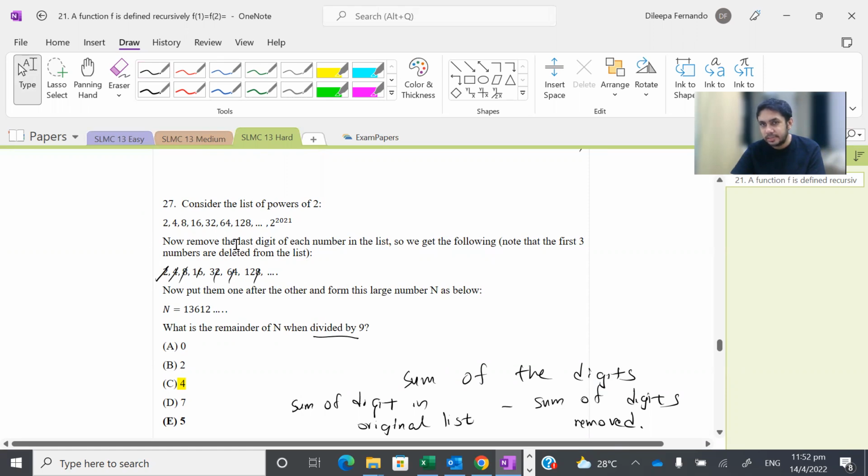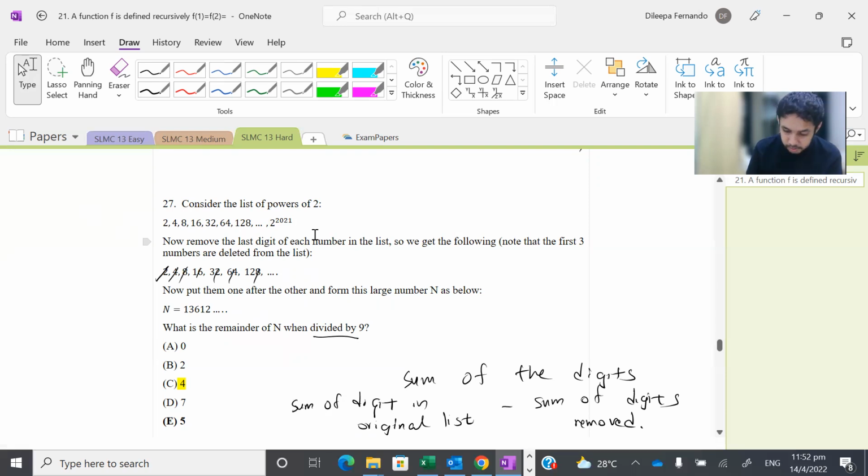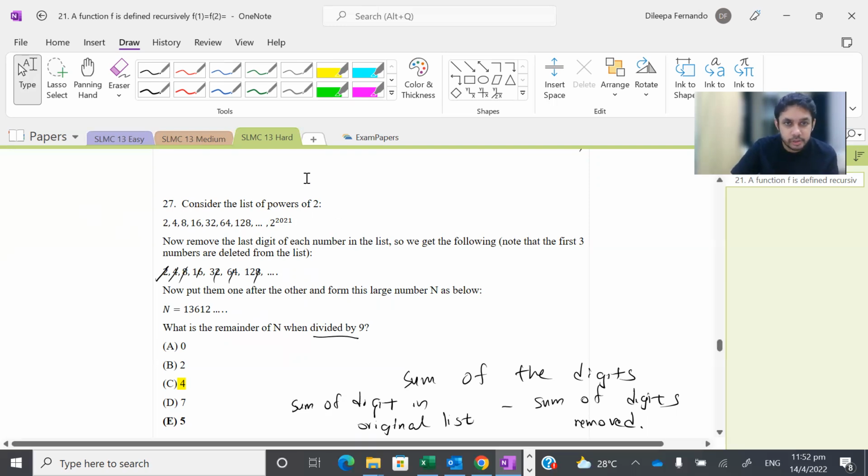So the removed digits repeat according to a pattern. So we just have to find the summation of the first 4 and then multiply by how many consecutive sets of 4 there are. So until 2021, you have a multiple of 4 until 2020.